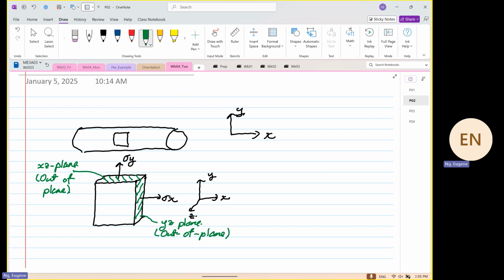Without my pen. Why will it break over there? Because the moment is maximum. Or when Eugene jumps from the 5th floor, when will he die? When you don't allow him to land. Are we clear? So you will place your element exactly where fracture will occur. Some people just don't know where and they put it everywhere. Be clear. We want to know where it will break. That's where you place your element.